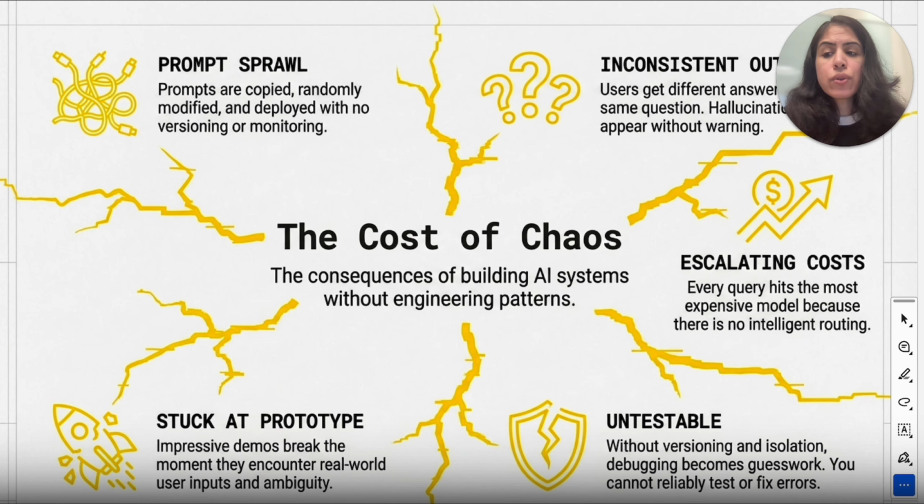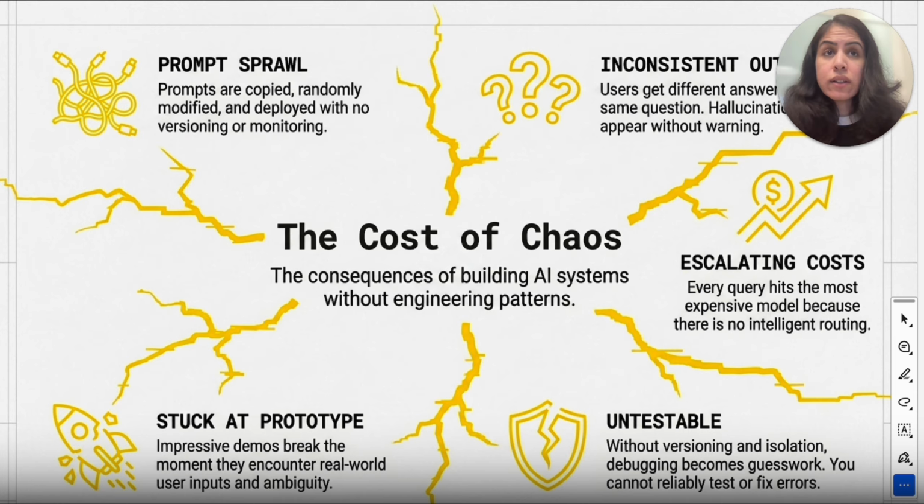Let me paint a picture for you of what actually happens. You get prompt sprawl, as they call it, where prompts are copied everywhere, modified randomly, and no one knows what exactly is running in production. You get inconsistent outputs where different users get different answers to the same question, and hallucinations appear randomly.